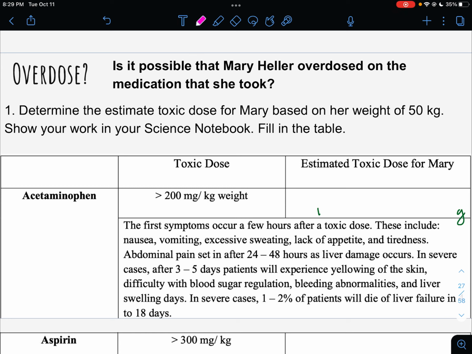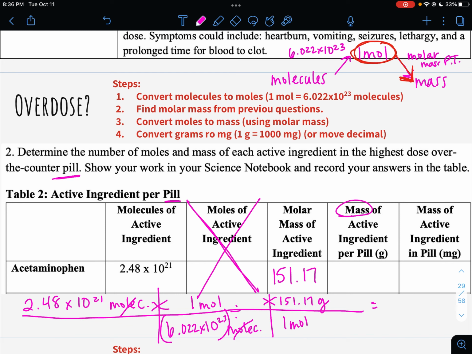And then I'm going to put my molar mass right there in the top because I know 1 mole is 151.17 grams. So now we're going to multiply the top and divide by the bottom. Don't forget to put parentheses around your numbers on the bottom so that it doesn't mess up your times 10.